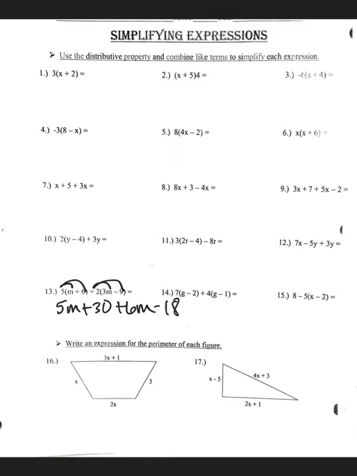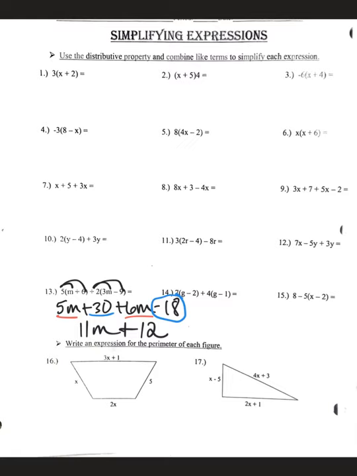Combine like terms. 5m and 6m are like terms, so that'll be 11m. And then 30, and what's in front of that 18? A minus. So that means instead of adding, you're going to subtract 30 minus 18, and that will be 12. Pretty simple.